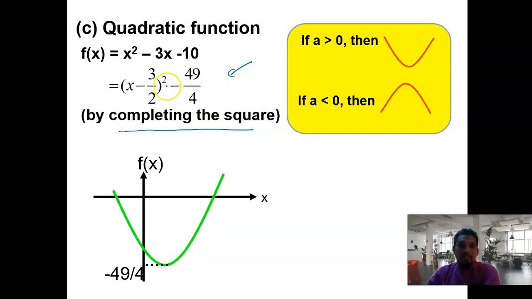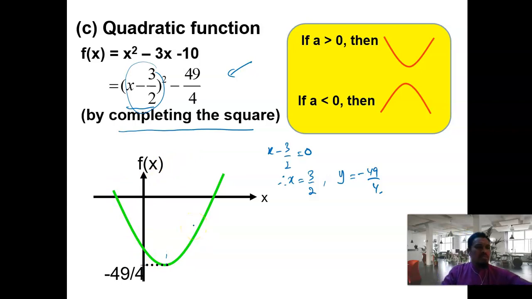So now class, from here, where x minus 3 over 2 equal to 0, then x equal to 3 over 2. And the value of y here is negative 49 divided by 4. Actually, the process of completing the square gives us the symmetry of this graph.